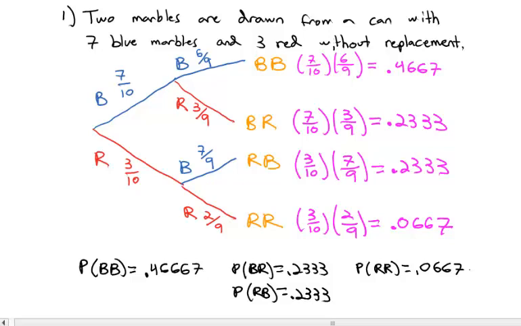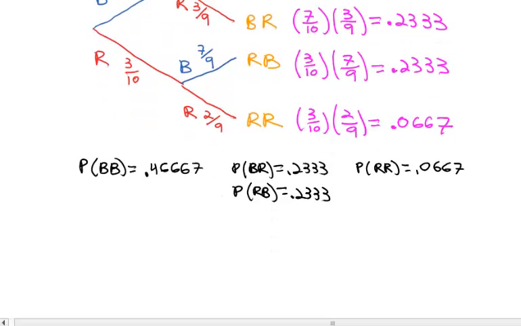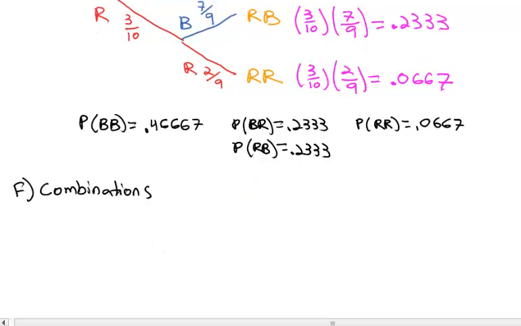There's another way we can calculate probabilities as well. I think we're on letter F now. The last way we're going to look at today is using combinations to calculate probabilities.